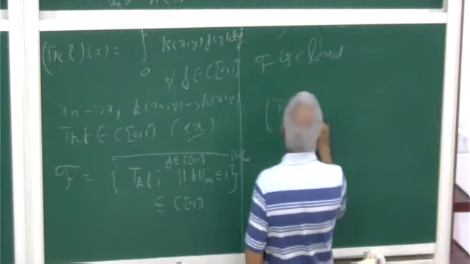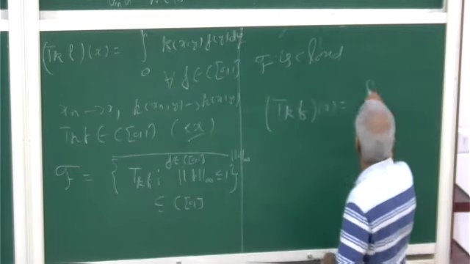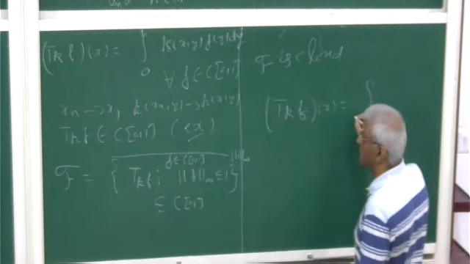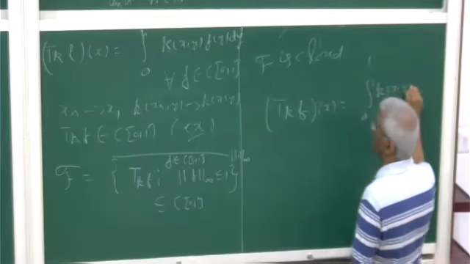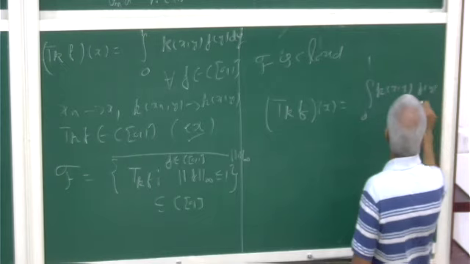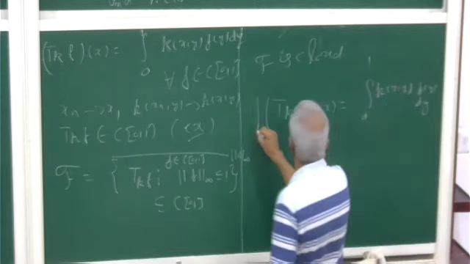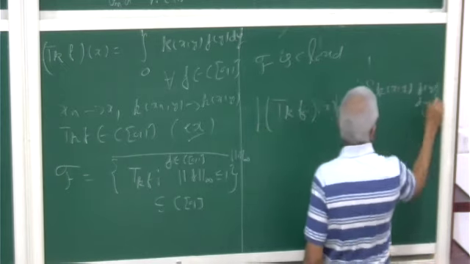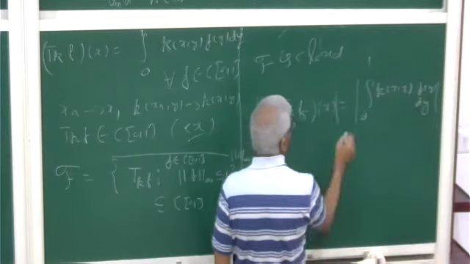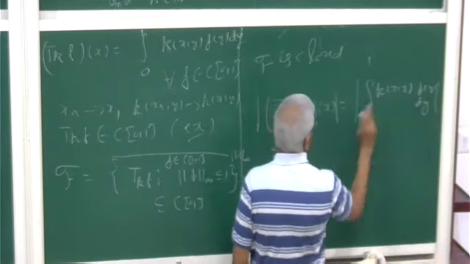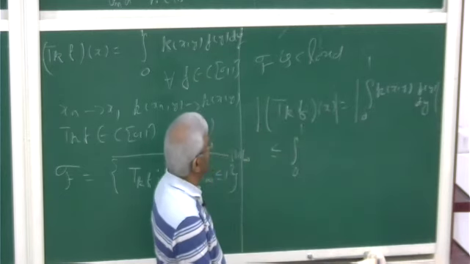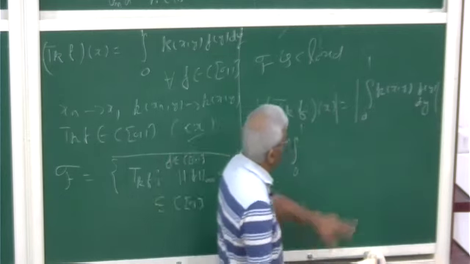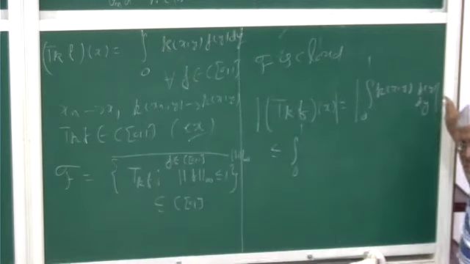So TKF of x is equal to the integral from 0 to 1 of k(x,y) f(y) dy, where k is a single function. We want to take the mod of this. That is less than or equal to the integral from 0 to 1 of the mod of k(x,y), and you can take the supremum of f.